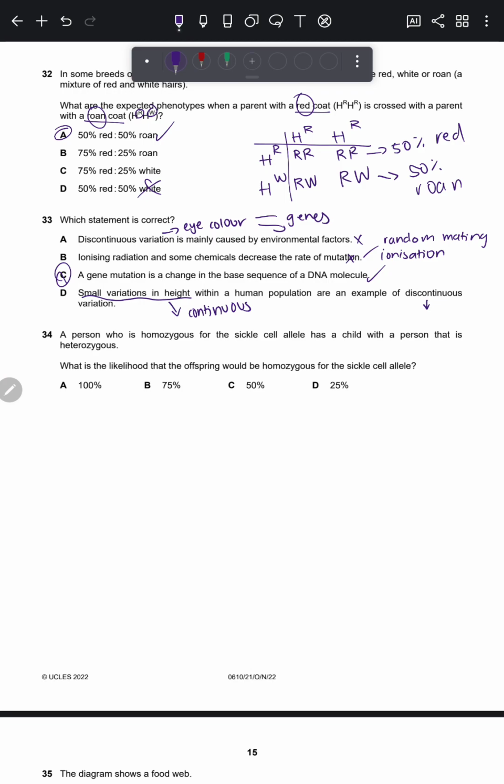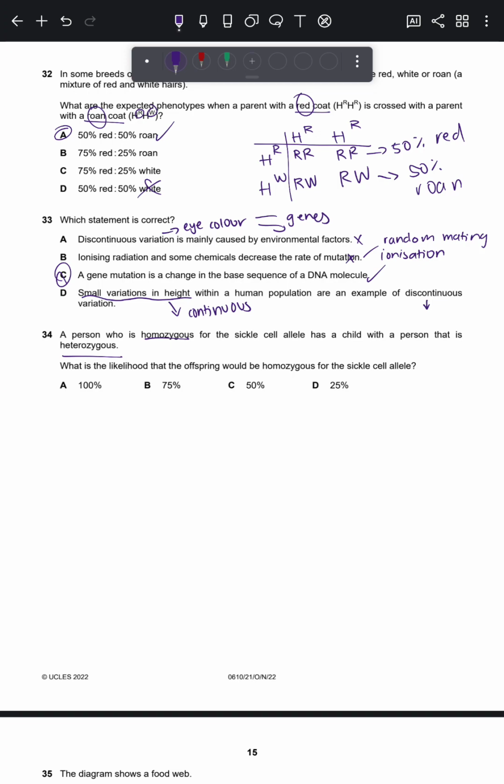A person who is homozygous means they have the same alleles, so it must be like RR. A person homozygous for the sickle cell allele has a child with a person that is heterozygous. What is the likelihood that the offspring would be homozygous for the sickle cell?